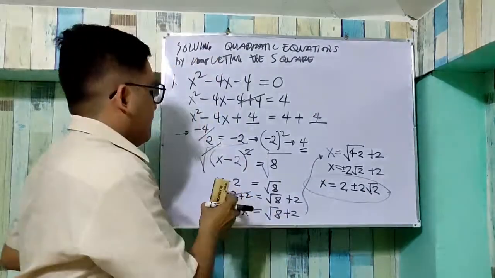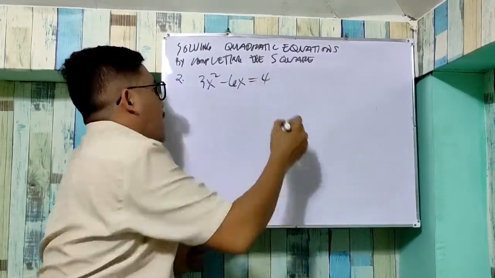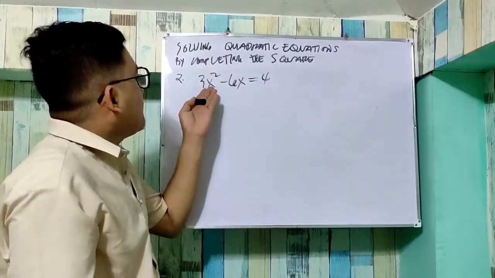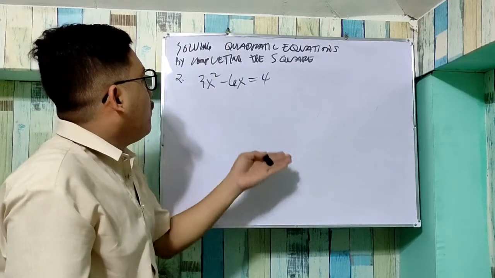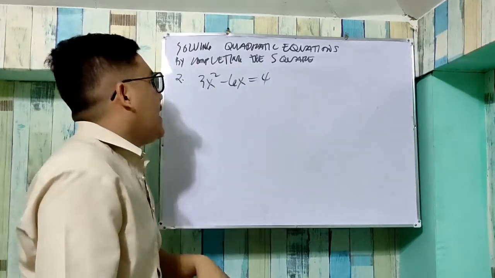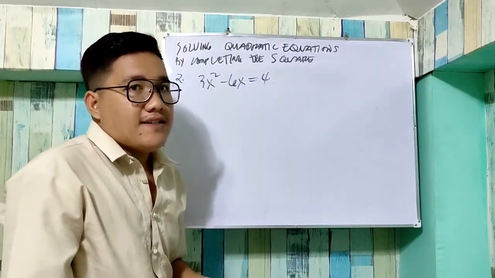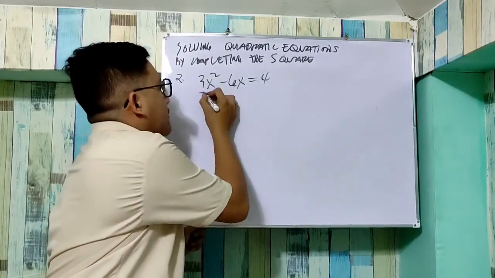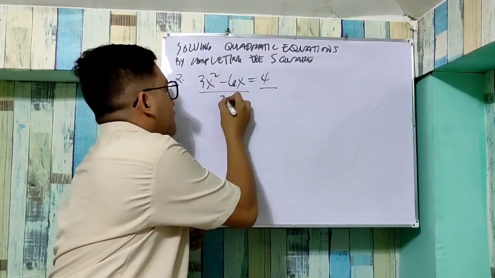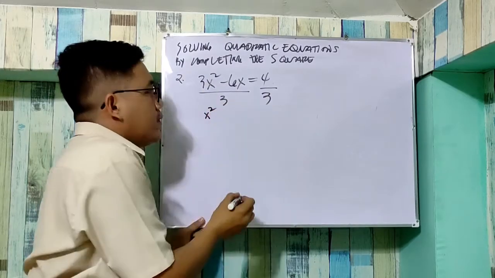Last example. Okay. So, we have here 3x squared minus 6x is equal to 4. Since our first term, the quadratic term, has a coefficient of 3, let's divide both sides by 3 so we can cancel it. 3 divided by 3, that is x squared.